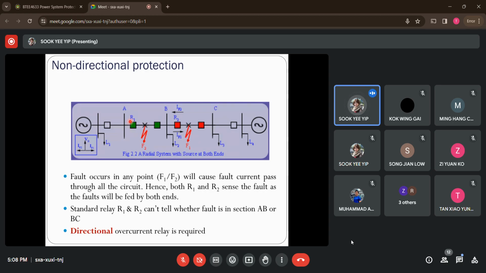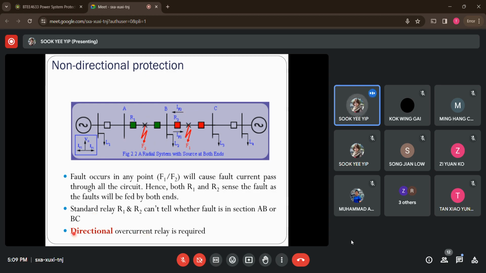So how can we stop this from happening? Let's say a fault occurs here, we only want this relay 1 to trip this fault, but relay 2 to ignore this. The solution is to use the directional overcurrent relay or directional protection scheme.